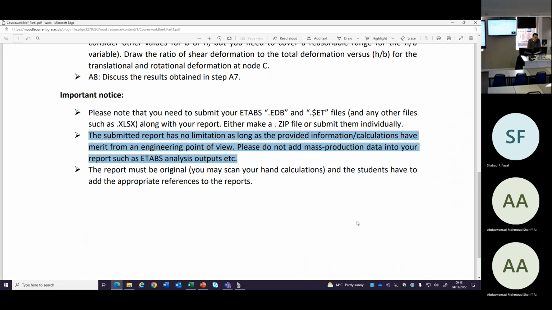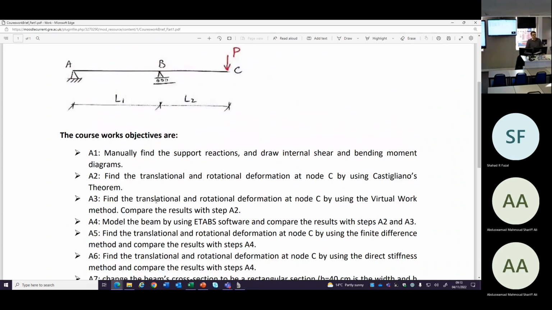When you model any structure with ETABS, you can generate thousands of pages of output. If you put that kind of stuff in your report, you will fail your coursework.